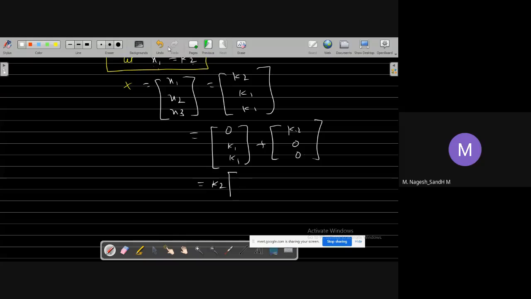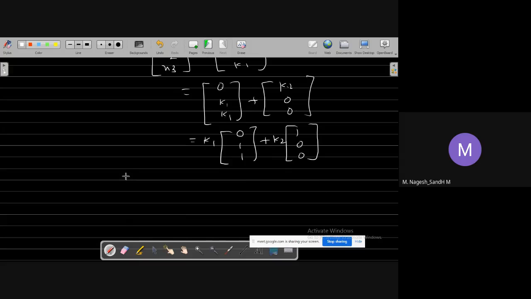So k1 common, what will we get? 0, 1, 1. k2 common, what is that? 1, 0, 0. So therefore, what are the eigenvectors? 0, 1, 1. Next 1, 0, 0. Any doubt here?